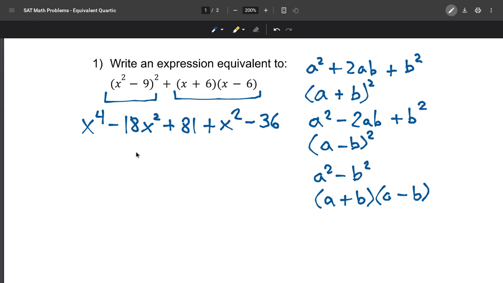Now what we want to do is combine like terms, so we get x to the fourth minus 18x squared plus x squared is minus 17x squared. And then 81 minus 36, well, 81 minus 30 is 51, and then take away 6 is 45, so plus 45.